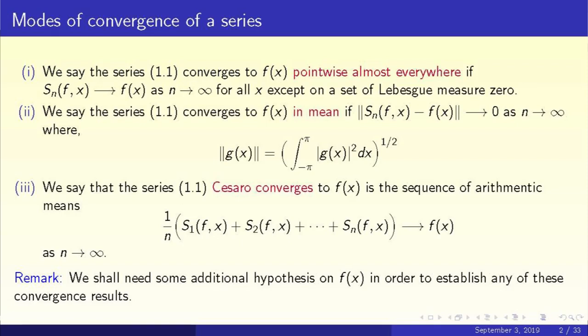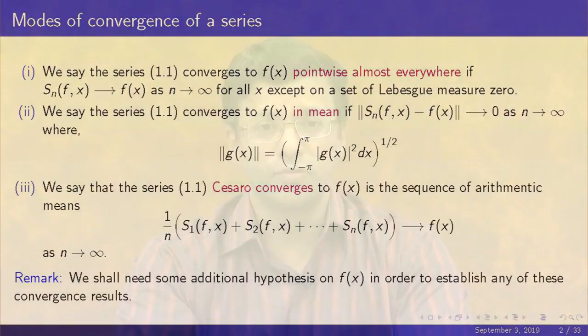So let us consider a function g(x) on minus pi to pi and let us integrate mod g(x) squared over minus pi to pi. So we are looking at the integral from minus pi to pi of mod g(x) squared dx, raised to the power half, and call it the norm of g. This is the L2 norm or the RMS value of g(x) as the engineers call it.